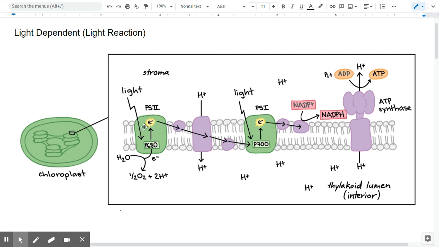We also get these electrons from this splitting because that is a form of energy as well.